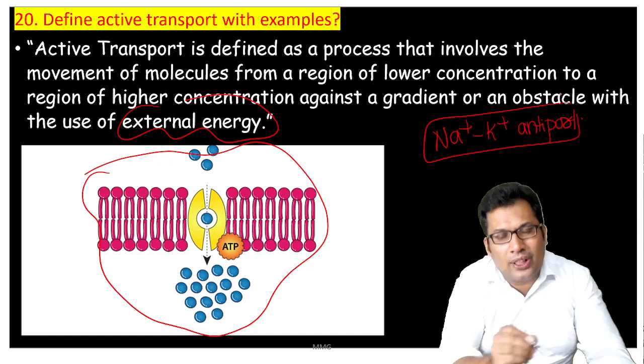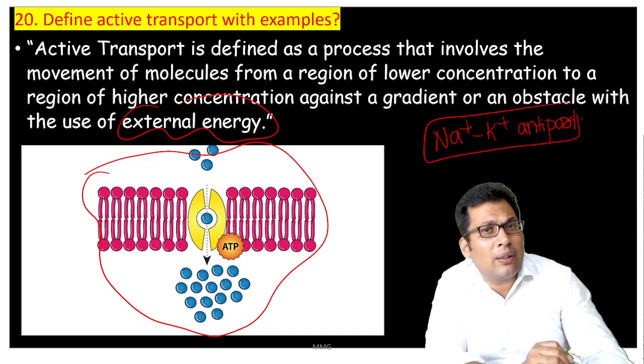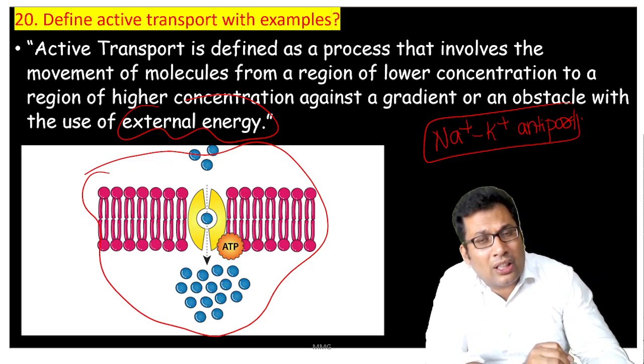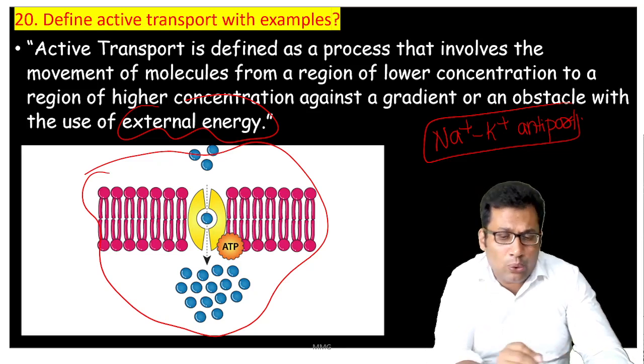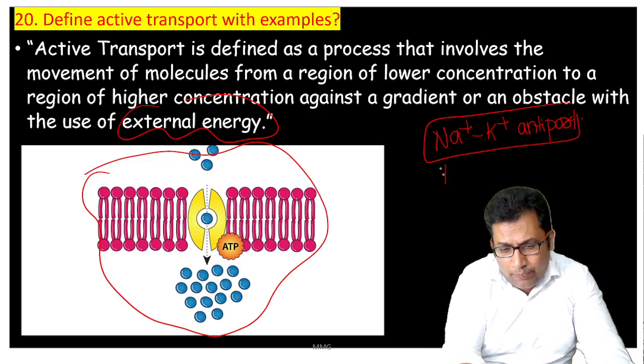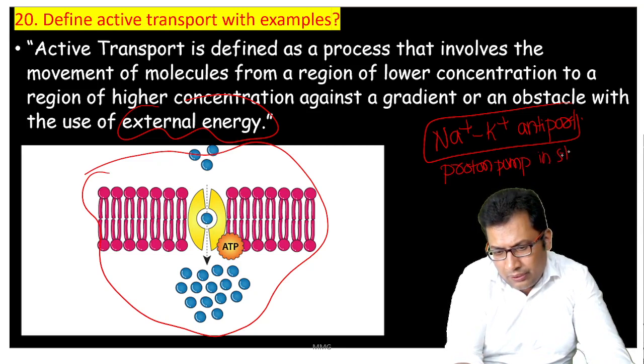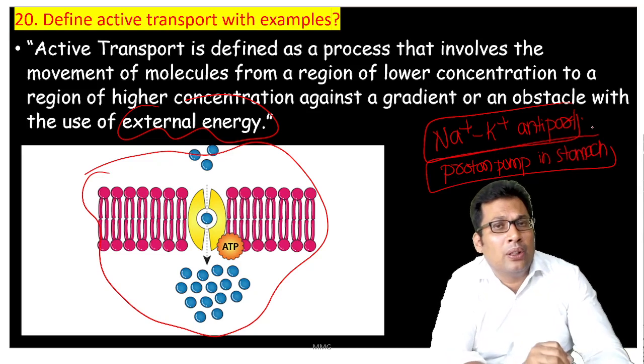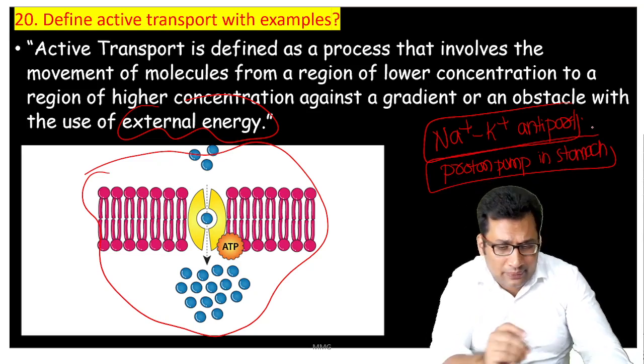As you know, sodium is an extracellular positive ion, potassium is an intracellular positive ion. Other examples are the proton pump in the stomach, or the calcium pump. All are examples.